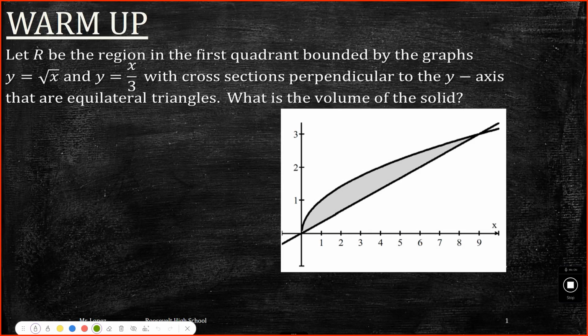Let R be the region in the first quadrant bounded by the graphs y equals square root of x, y equals 1/3 x, with cross sections perpendicular to the y-axis. Perpendicular to the y-axis.